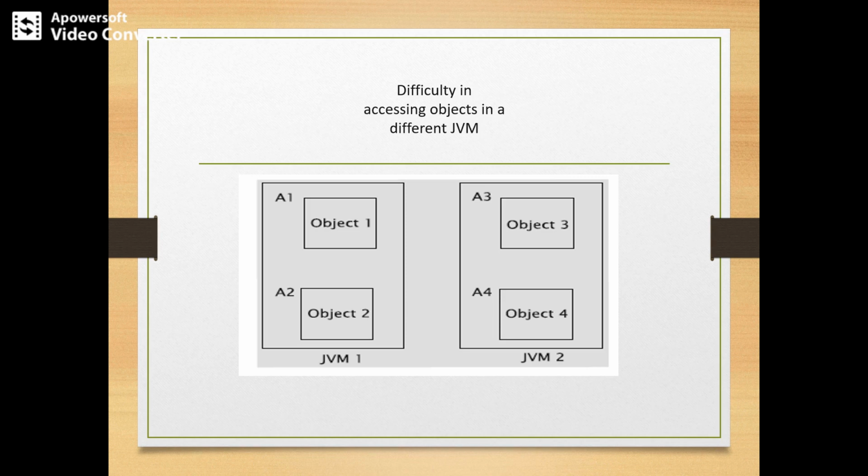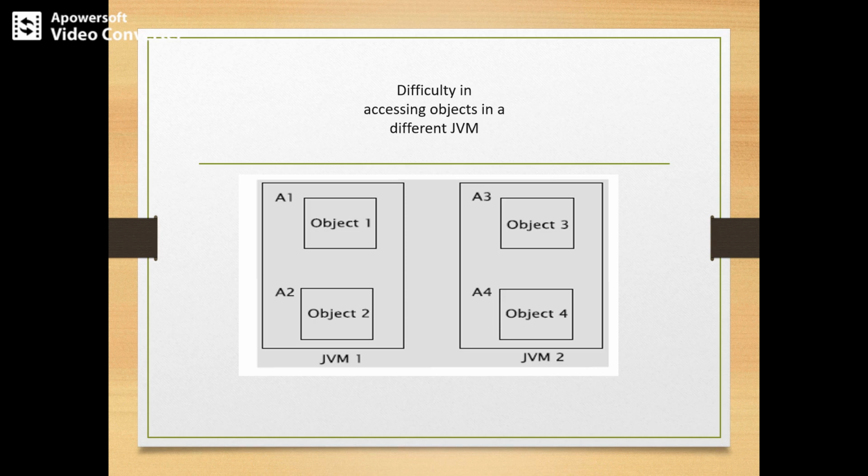To see this, suppose A1 and A3 are equal. Then accessing a field using the address A3 from code within JVM 1 will end up accessing memory locations within object 1.